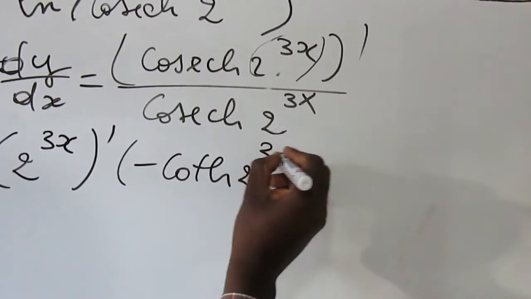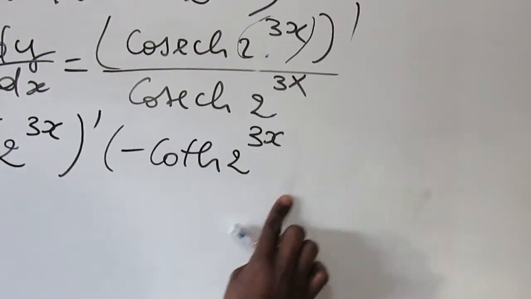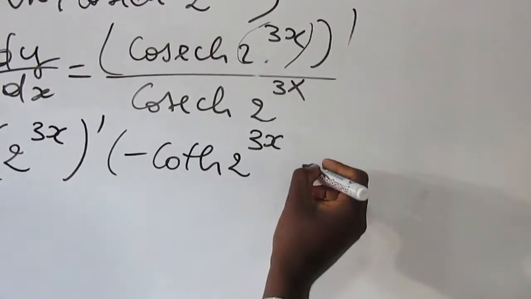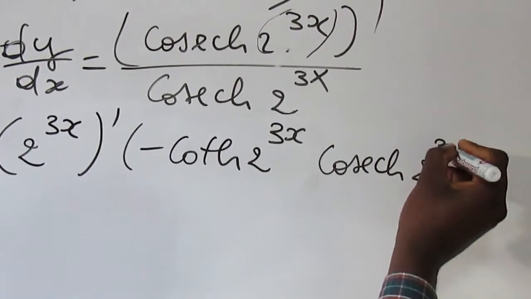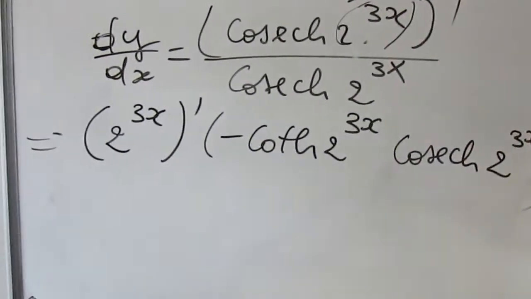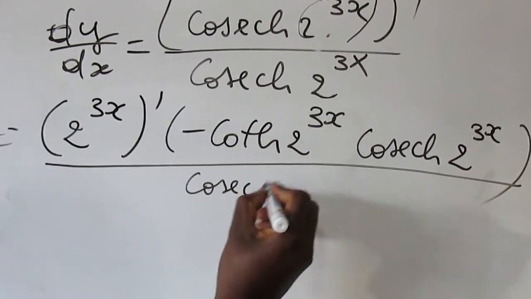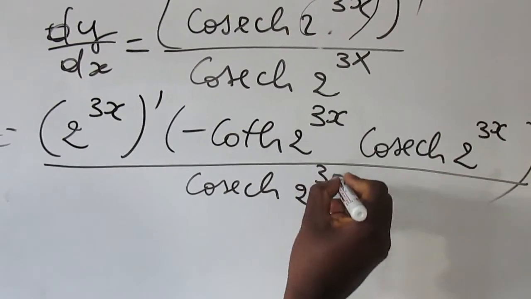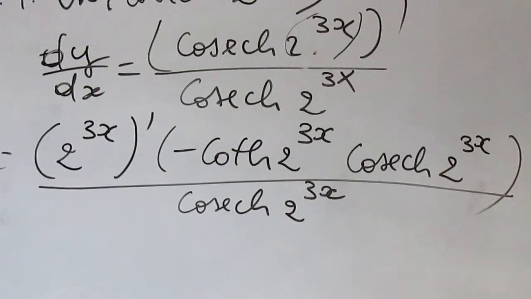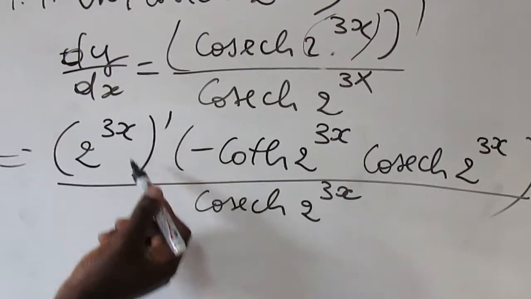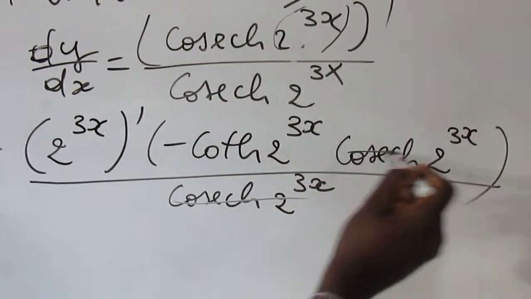The function is 2 to the power 3x, okay, multiply by what? Multiply by cosec again there, okay, of 2 to the power 3x, okay, then over cosec of 2 to the power 3x, okay guys. Then as you can see here, we still have to derive this, but we can simplify this cosec and the other cosec, okay.